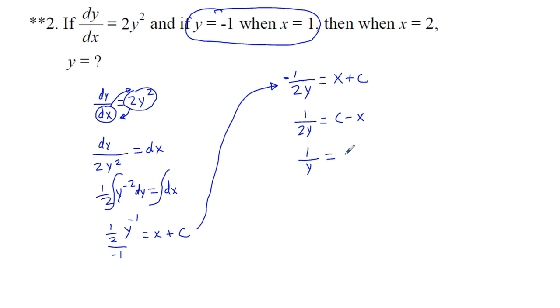So we're going to keep this c here the same, minus 2x. And now we're going to finally solve for y by taking the reciprocal of both sides. So we have y is equal to 1 over c minus 2x. And this is going to be our general solution. I'm going to go ahead and label that as general solution.